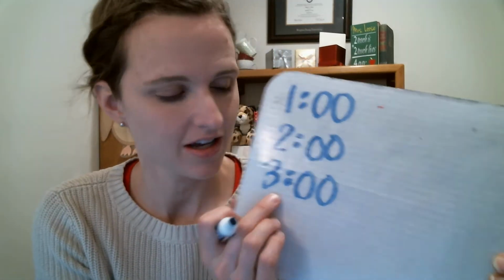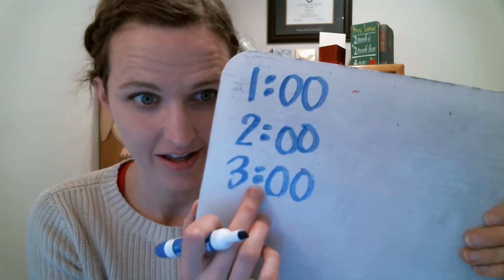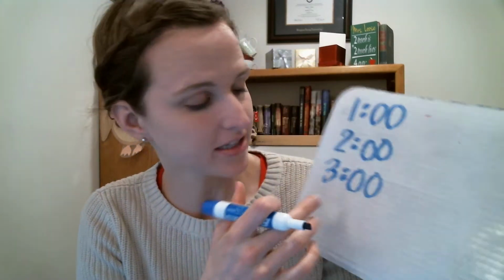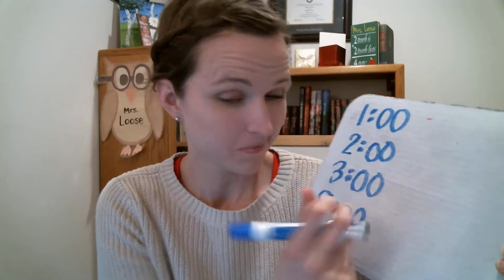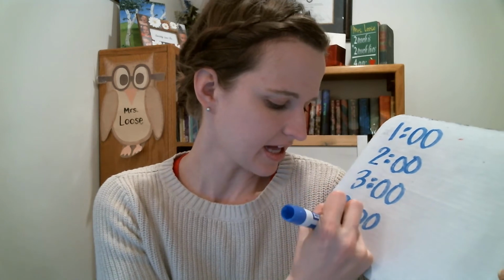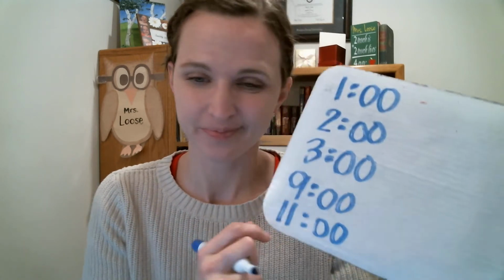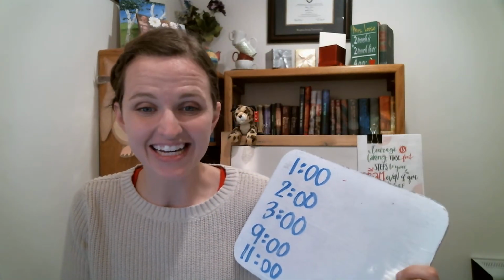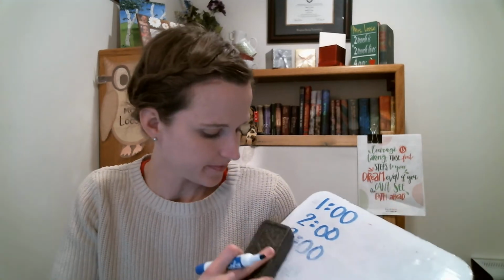This is called a colon. The colon will break up our hour and our minutes. So maybe it's 9 o'clock, or maybe it's 11 o'clock. These show our hours. There we go. That is time to the hour.